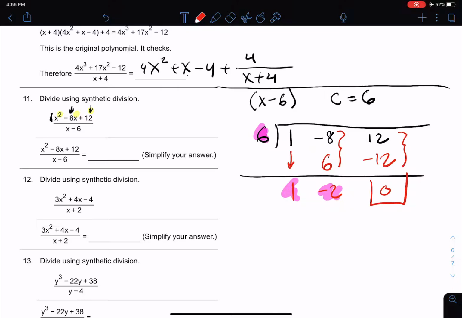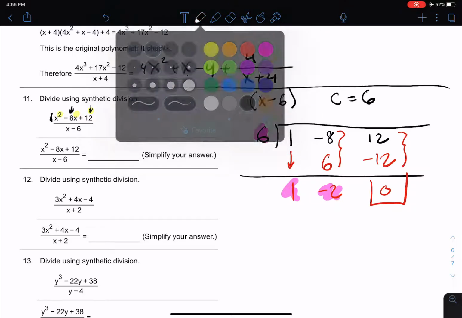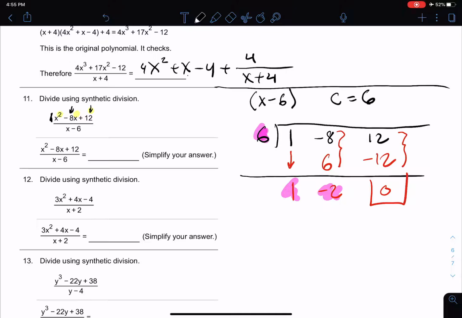Now we interpret our problem. Well, the dividend was second degree. The divisor is first degree. So a second degree drops down to a first degree when you divide it. And so therefore, putting the variables back in, this 1 is just going to be 1x minus 2, and that's it. There is no remainder.